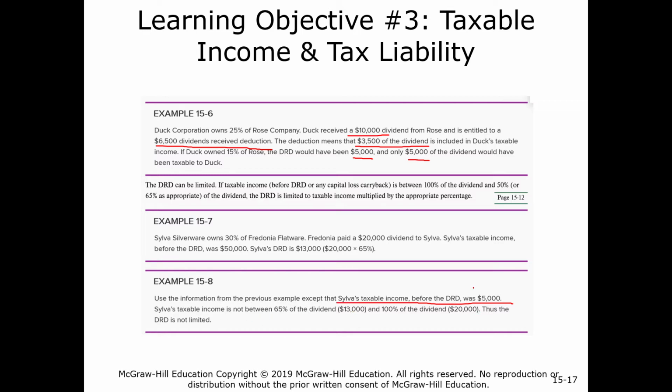Since the taxable income is less than the $13,000, it doesn't fall within these parameters, so we are not limited on the amount of DRD that we're able to deduct. In the case that, for example, the taxable income was $15,000 instead of $5,000, that would fall within these parameters, and that means that the DRD will be limited.